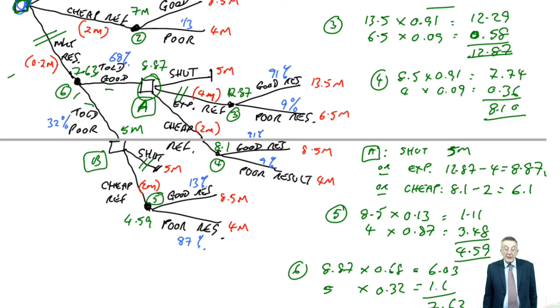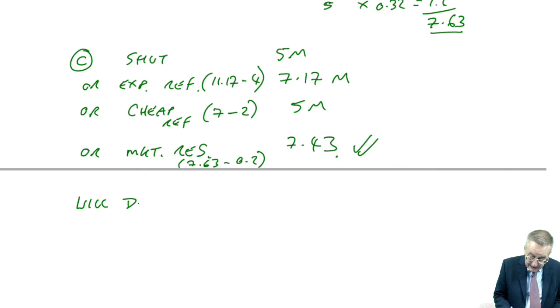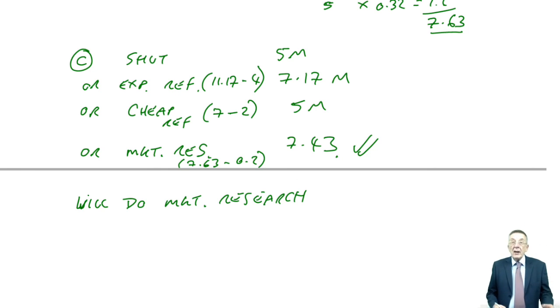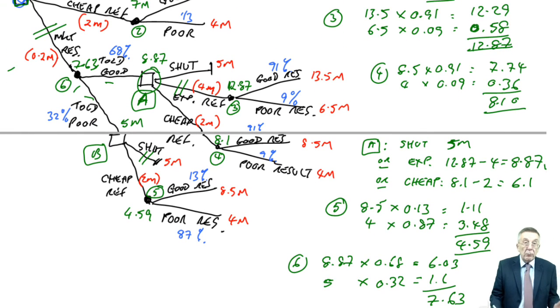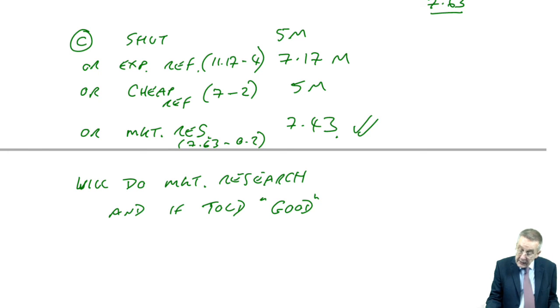Although strictly the full answer is this. We will do the market research. I hope you're clear why. But remember, because we're doing market research, there is another decision that will have to be made later, depending on what they tell us. And so the full answer, we should really write that down. They give us 2 answers. If we're told good, then what would be the decision?